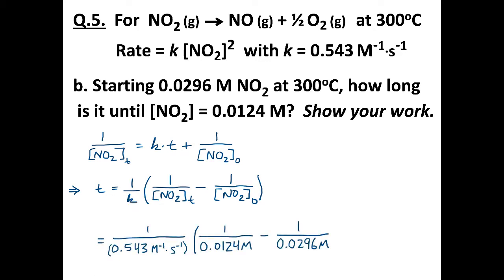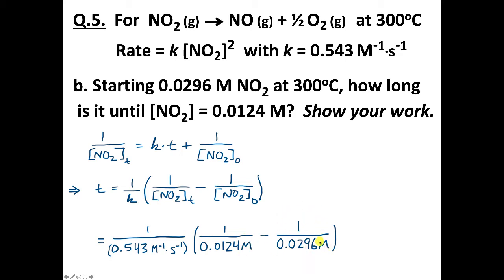Now I'm going to plug in the values. k is 0.543 per molar per second, and it's 1 over that. 1 over 0.0124 is the at time t concentration. Notice this is not the initial, this is the final concentration. And then minus 1 over 0.0296 molar, that was the initial concentration.